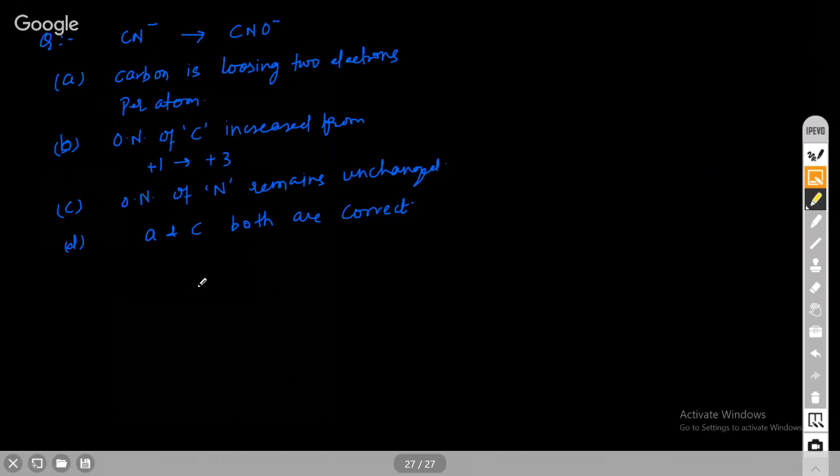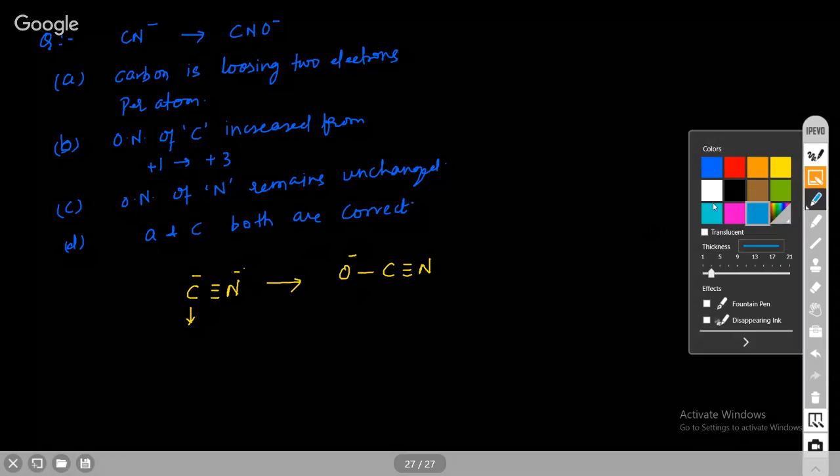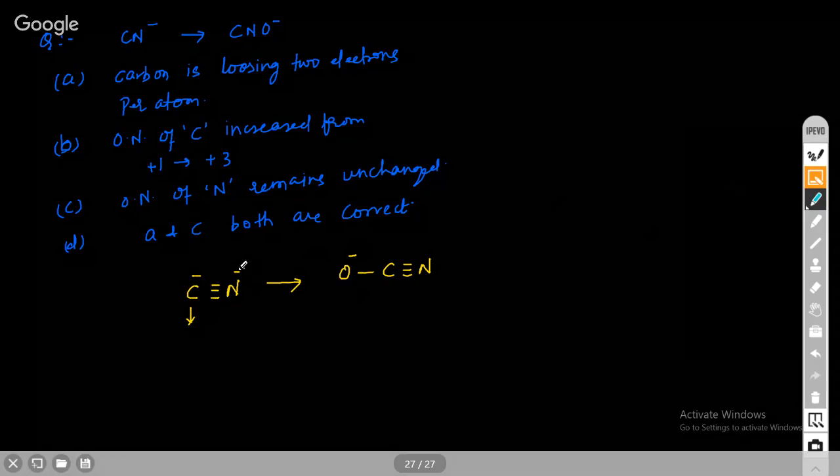In CN minus, we have carbon with negative sign bonded with triple bond N. And this converts into O C triple bond N minus. So minus charge we have on oxygen here and it is on carbon. So if you see the oxidation number, it is -3 on this nitrogen. We'll have -3 on nitrogen, so +3 on carbon.